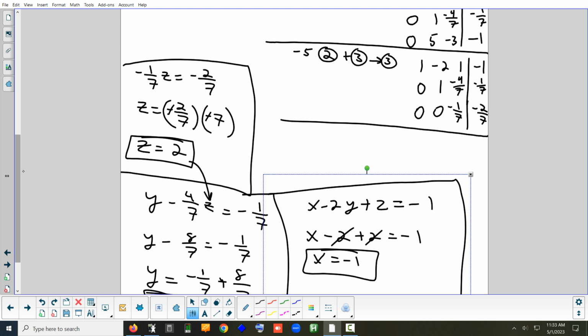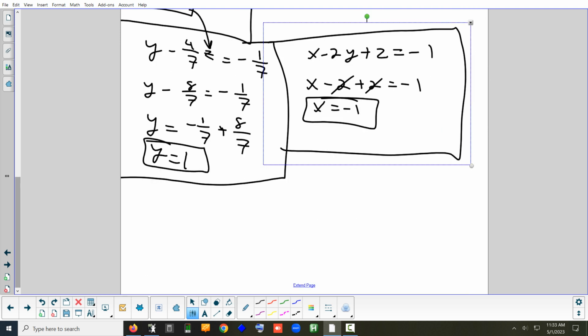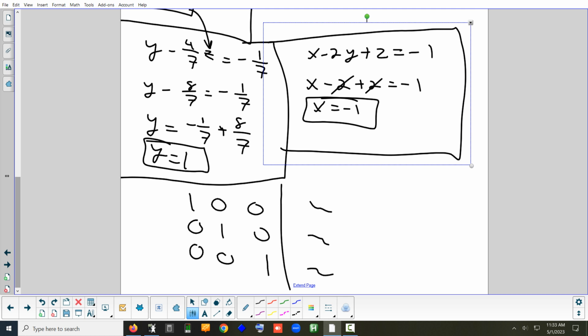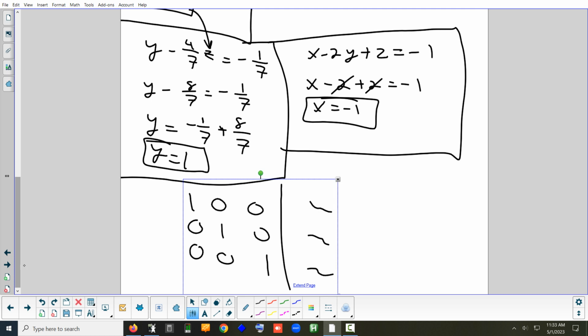So you either do it the way we're doing it, and then use substitution, or fully finish it and get 0s above and below, and then you end up with something that looks like this. And then the 3 numbers that you get on that side are your answers without any substitution, because this one says 1x equals that, 1y equals that, 1z equals that. But we're going to stick to the way that I showed. Any question on that?